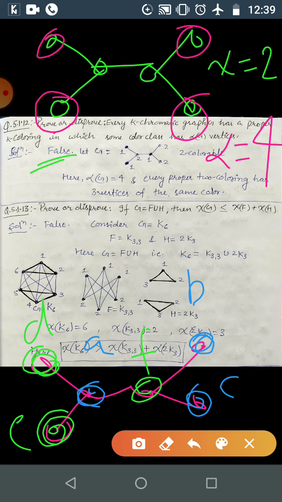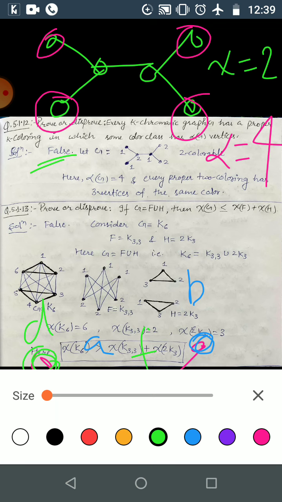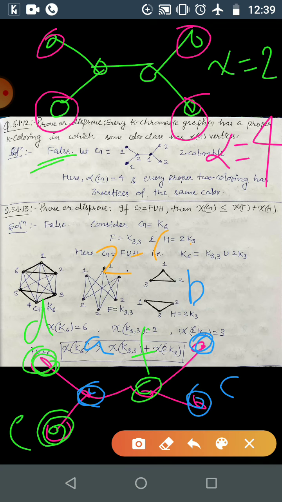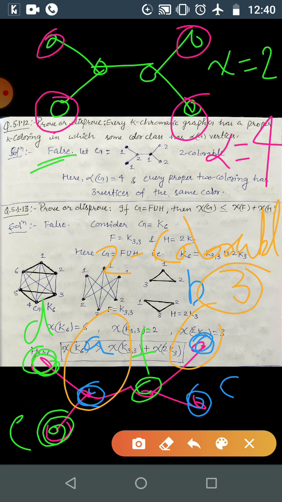Both are color classes of a two-colorable graph, correct? And both color classes have 3 vertices each. In one color class A, B, C are present, and the remaining 3 are present in the second color class.